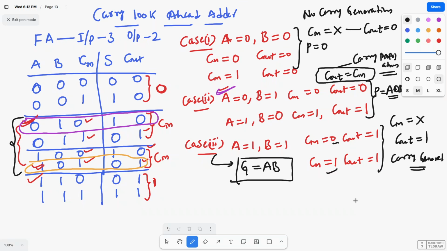Sir, for case A equal to 1, B equal to 1, also same now, sir? Case 2, A equal to 1, B equal to 1, you will get in which case? Case 3, no? Yes, sir. Case 2, we are looking for this one.